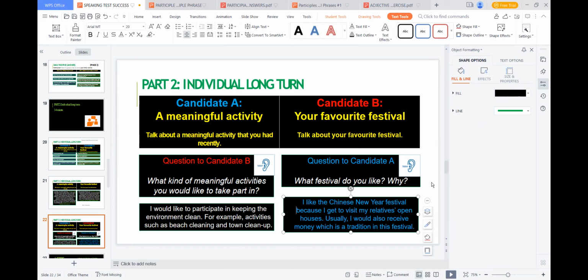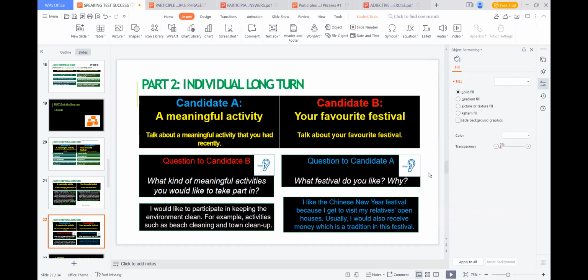Because I get to visit my relatives, open houses. And the person elaborates more, so more of an answer is given. Okay, he gives an example of why he likes to visit his relatives' open house, and what's the answer?